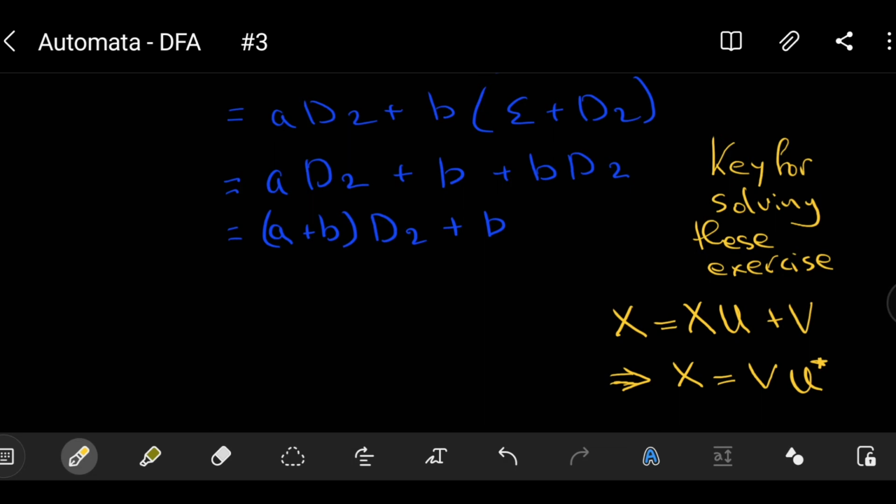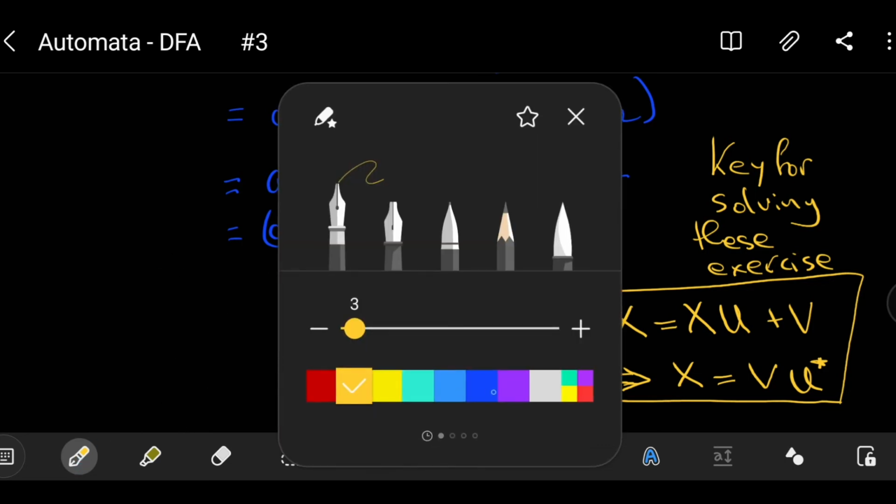Okay guys, so this is the very important key for solving these exercises. Let's see how it works here.